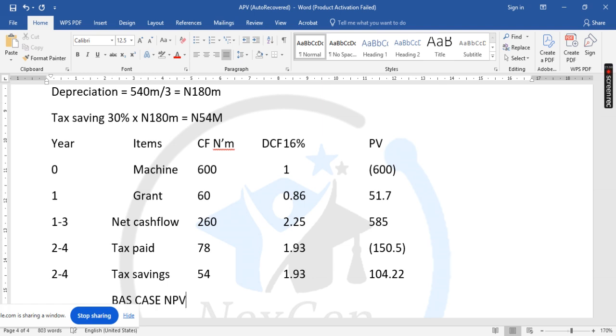In our next class, we will calculate the financing PV or financing effects. Class, what is the base case NPV here? Is it positive or negative? Negative. What is the negative figure?